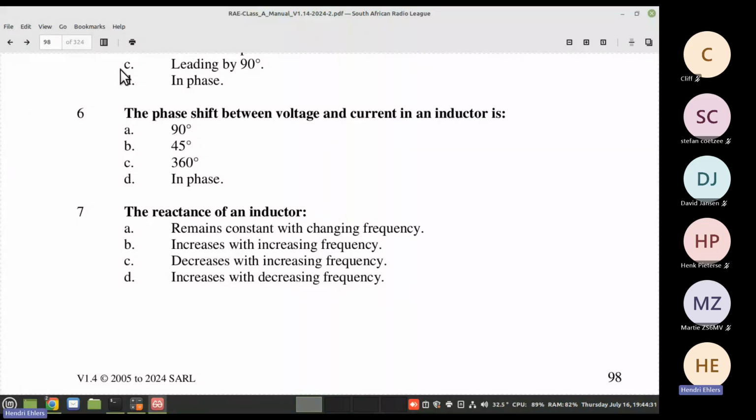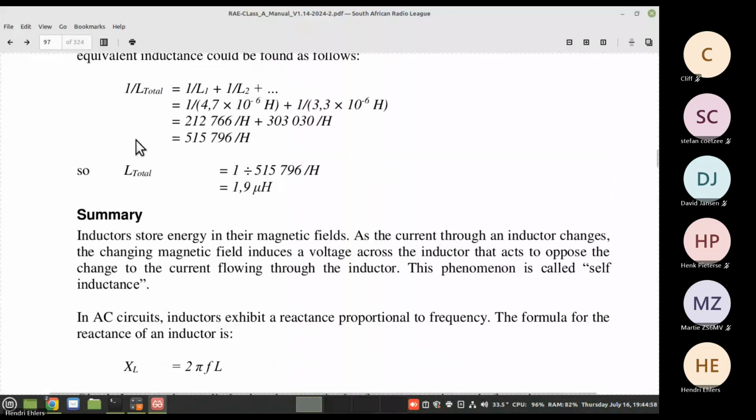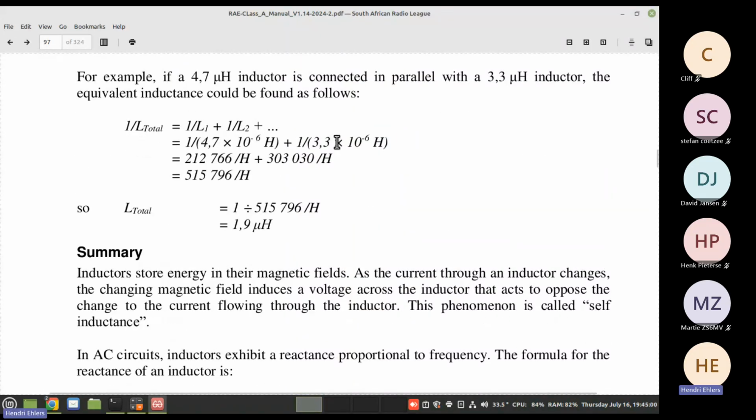So the chances that you're going to get all of this is highly unlikely, but you can get any of it. I mean, they won't give you impossible stuff. They'll give you simple values like we've got here in this example.